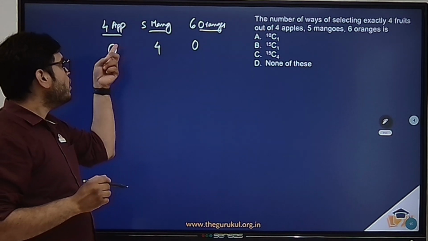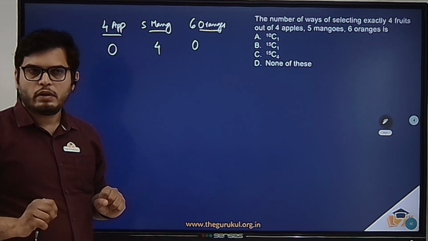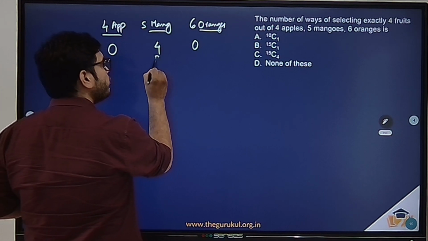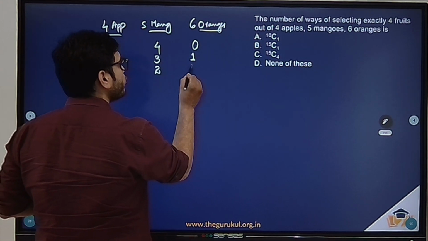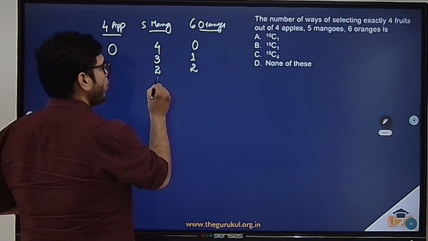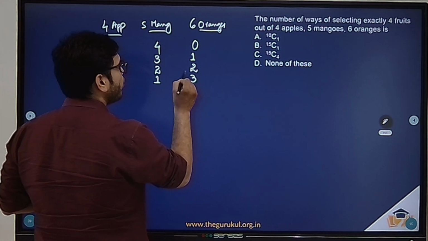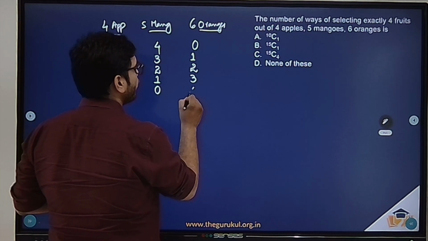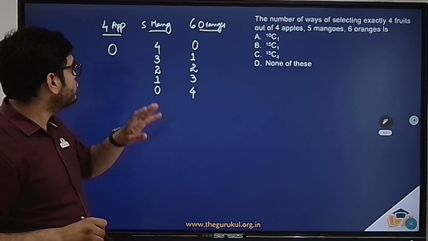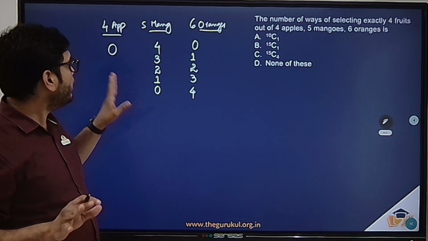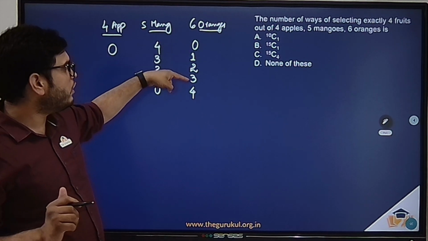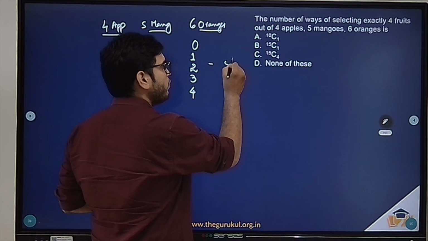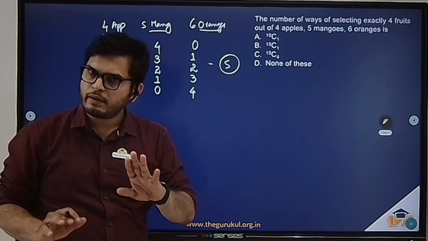Or you can have 3 mangoes, 1 orange, or 2 mangoes, 2 oranges, 1 mango, 3 oranges, or 0 mangoes, 4 oranges. When there are no apples, you can select those 4 fruits in how many ways? 1, 2, 3, 4, 5. 5 possible ways. Clear?